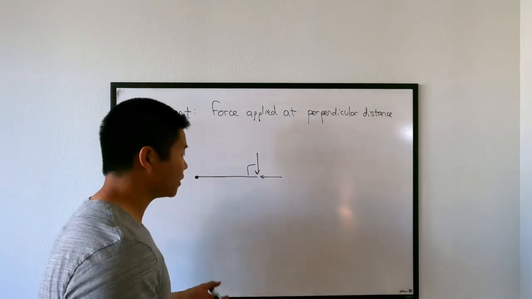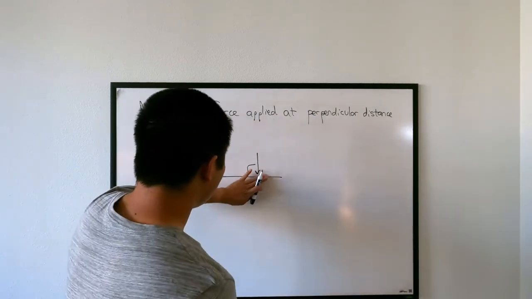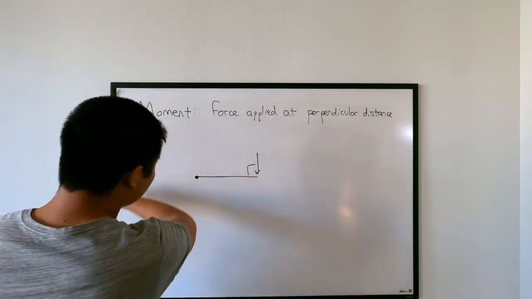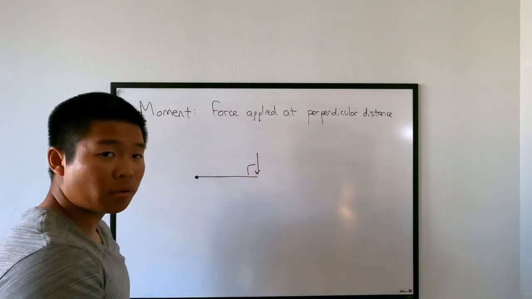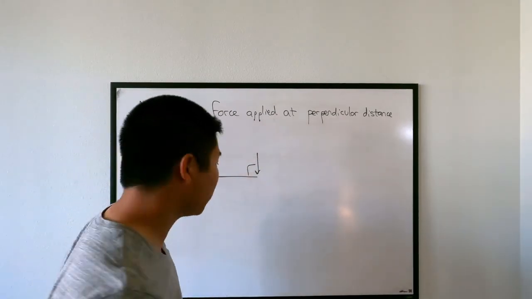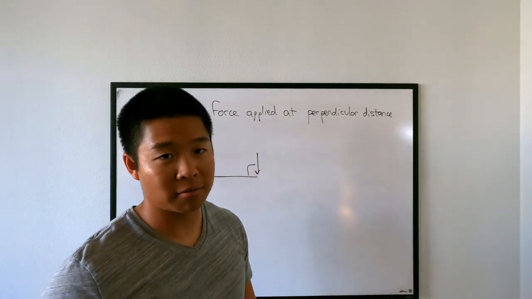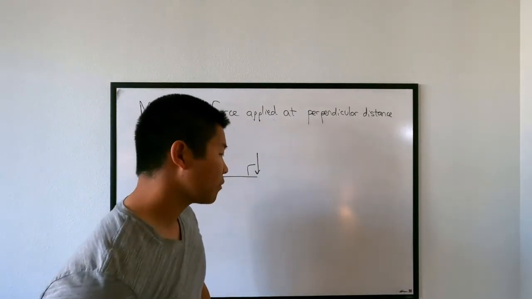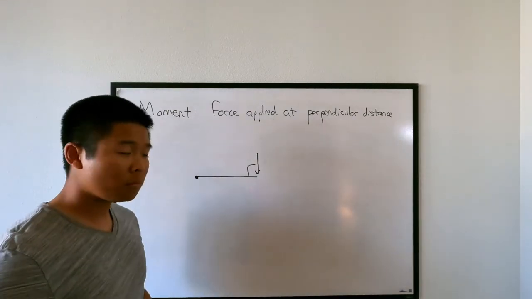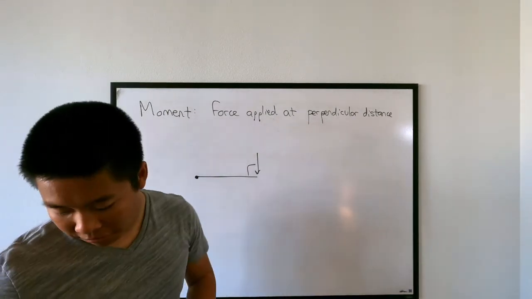Whoever made statics up just said a clockwise rotation like this is going to be negative. I know, boo-hoo. And a counterclockwise rotation is going to be positive. So a little counterintuitive, but once you get the picture, you will be just fine.